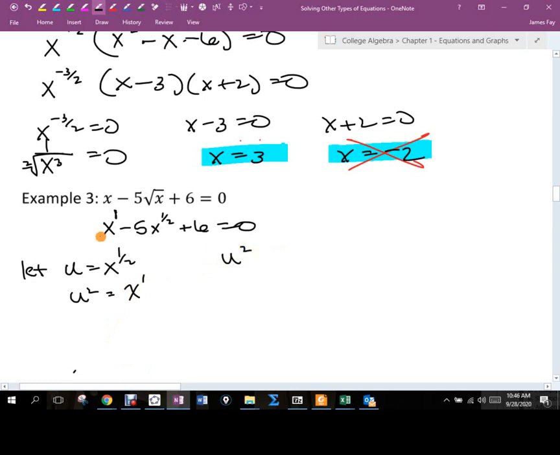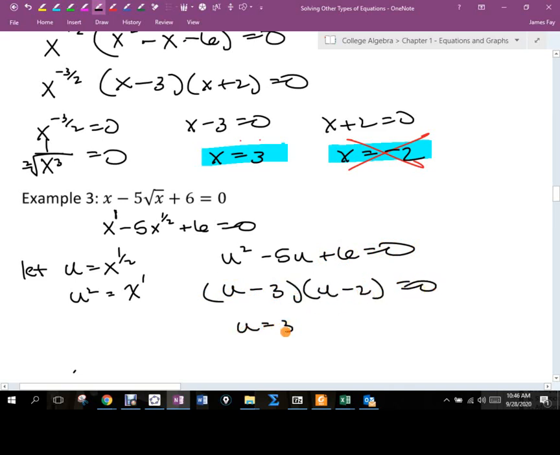So then substituting, x to the first is u squared, minus 5 times x to the 1/2, which is now u, plus 6 equals 0. u minus 3, u minus 2. u is 3, u is 2. Bring in my x to the 1/2, I'm going to bring it in this way to make things seem a little bit simpler.